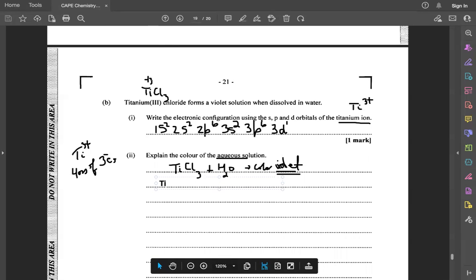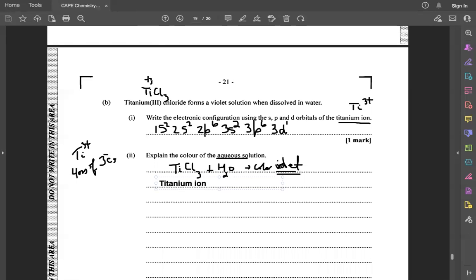So the titanium ion complexes with the water ligand, right? So that's the very first thing that's happening there, right? So the titanium ion is gonna then complex with the water ligand that's there.